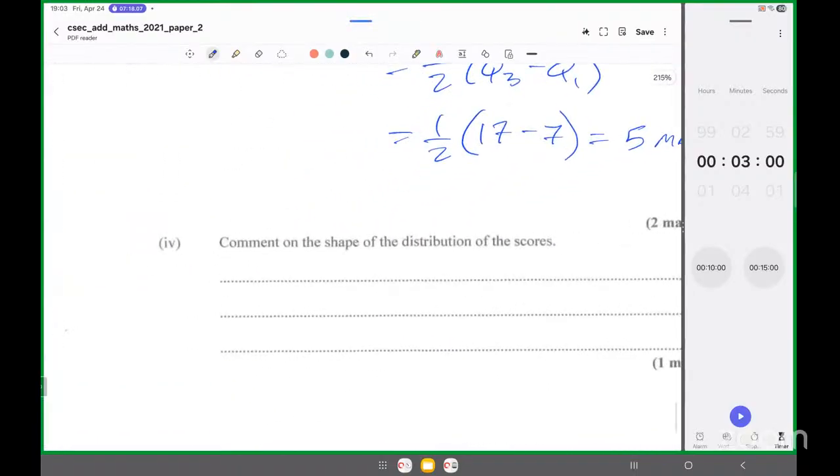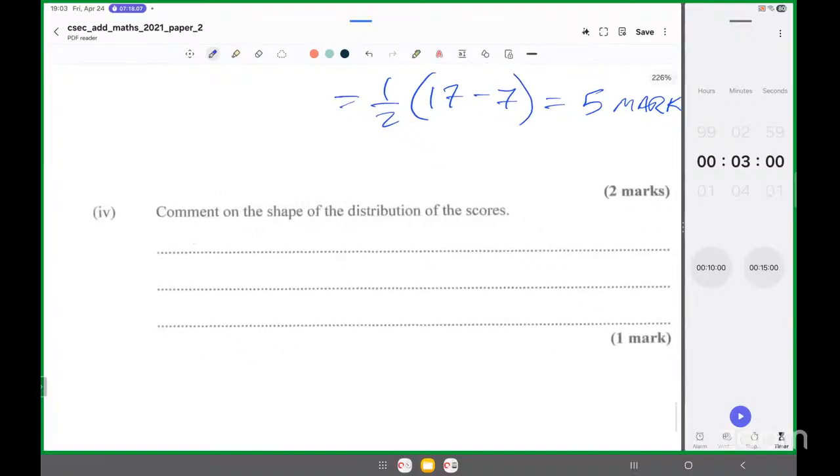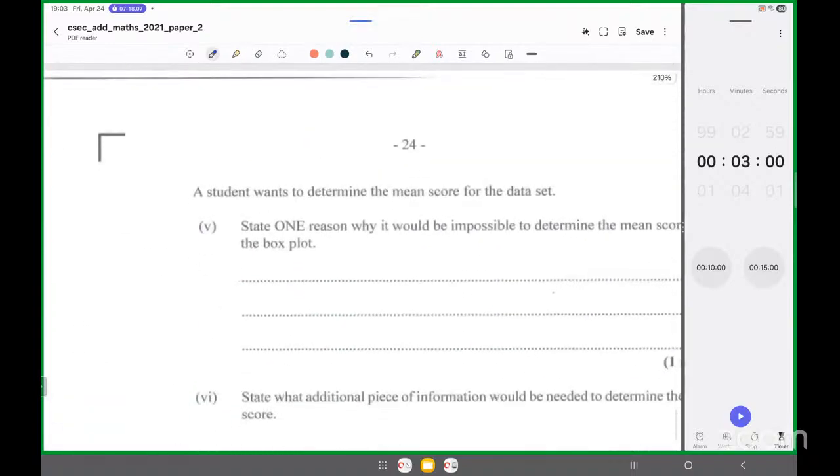So when I ask about the comment, it's always about skewness, yeah? So it is positively skewed. I'll answer this question now.